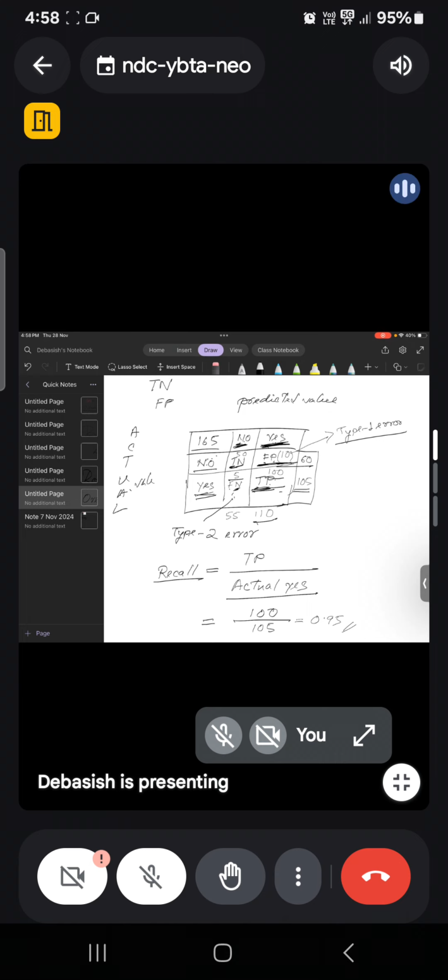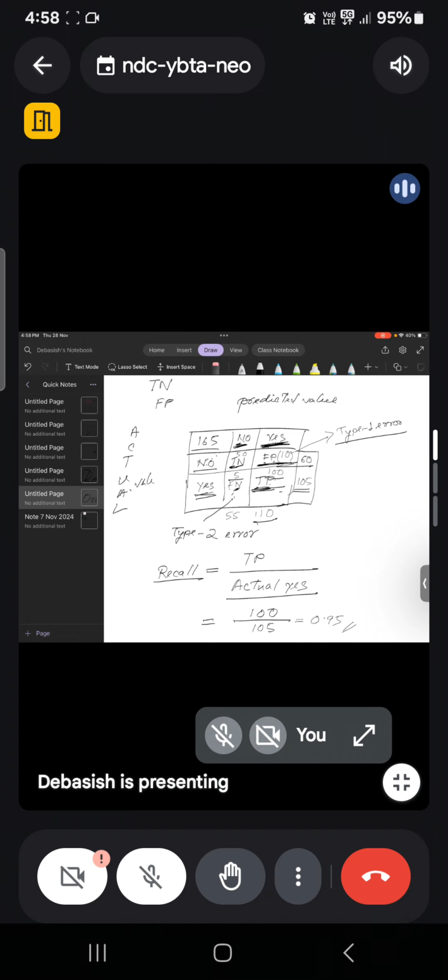Did you get my point? So let's say I have 5 patients. Out of 5 patients, let's say three have pox and 2 don't have the pox. So how will we measure the accuracy?